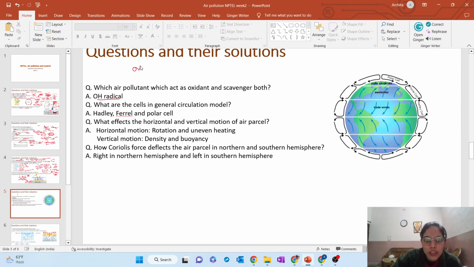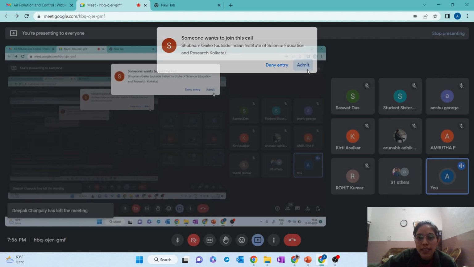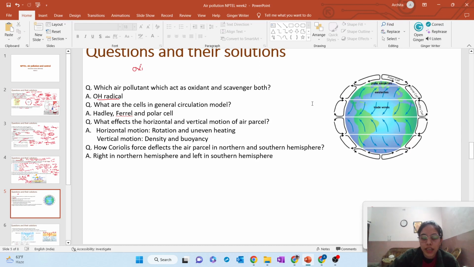What we call an oxidant is anything which oxidizes the air pollutants in the atmosphere, right? There are certain oxidants that we count upon: OH, NO2 and ozone. OH and ozone are majorly active during the daytime.